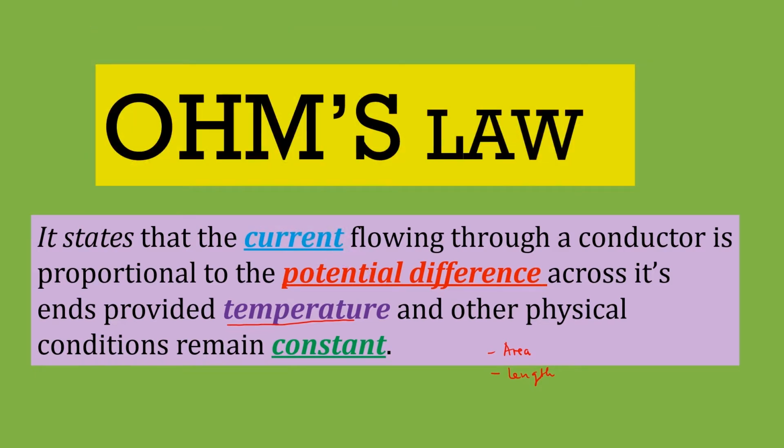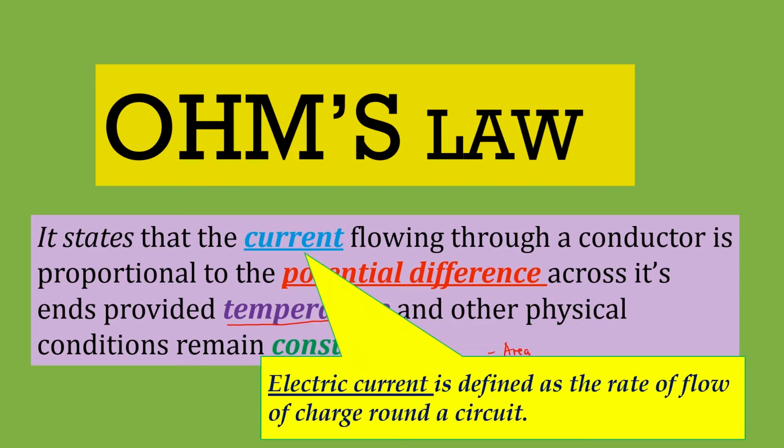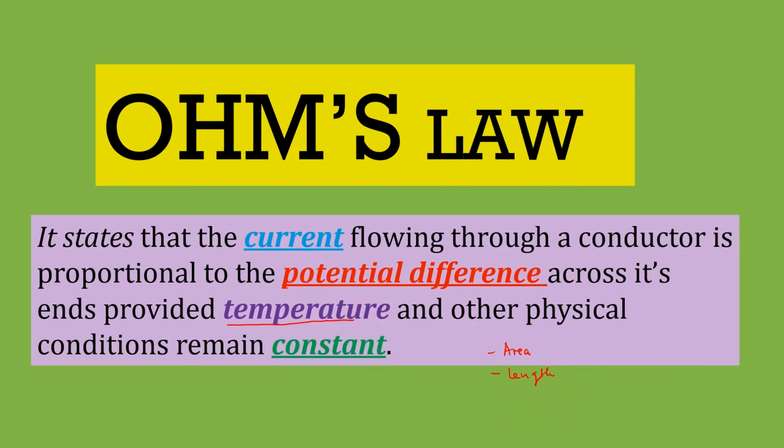So for him, he suggests that the work done is proportional to the rate at which electrons flow across the conductor, because that is current. We know that current is just the rate of flow of electrons. So when you have a higher rate of flow of electrons, then you have a lot of work done. That is the potential difference across the ends of the conductor.